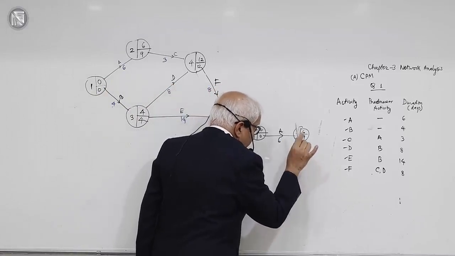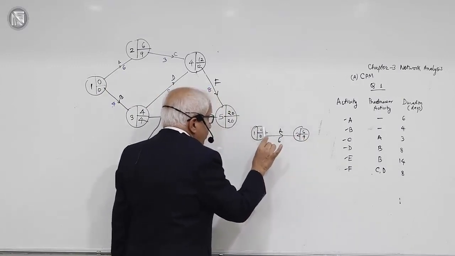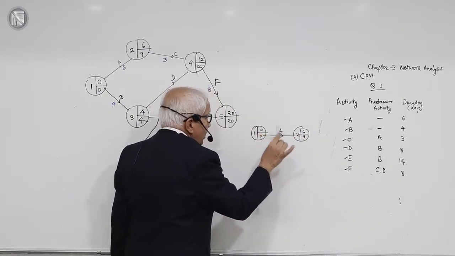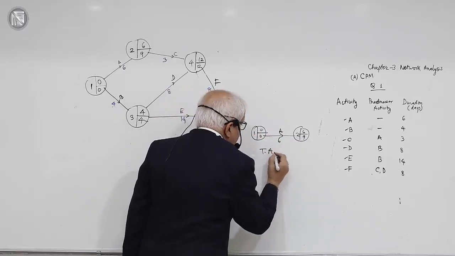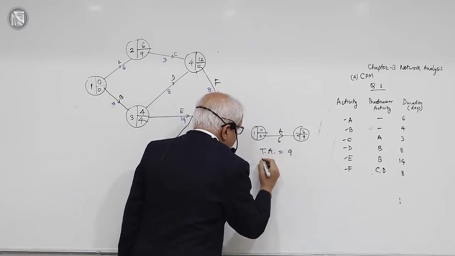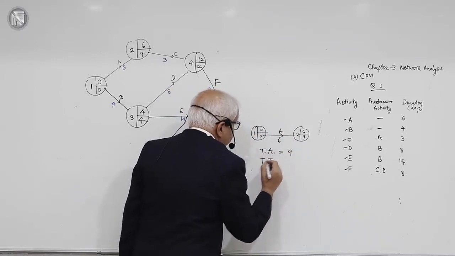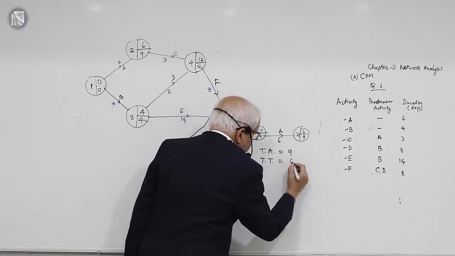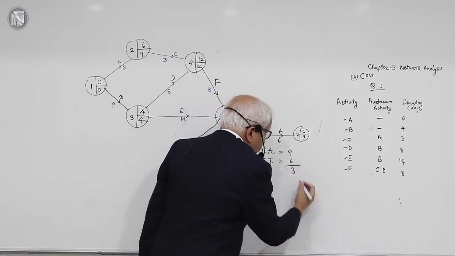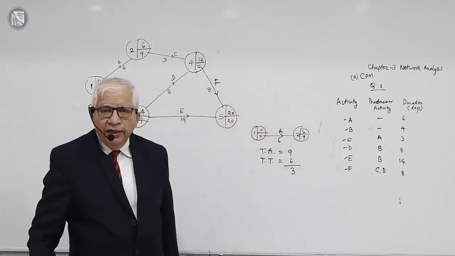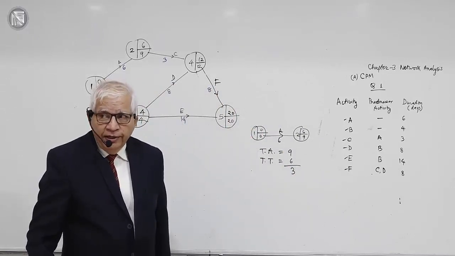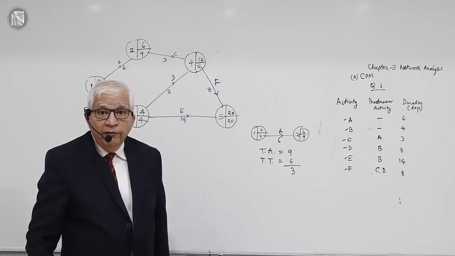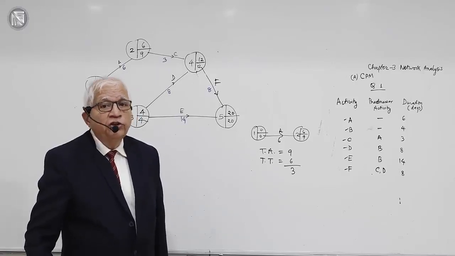Latest time for this event being 9, activity A must get completed before time 9, and it cannot start before time 0. Therefore, 9 minus 0, time available is 9, and time actually taken is 6 days. Therefore, the difference between the two, time available minus time taken, being 3 days, is the total float, or the amount of time by which the activity can be delayed.